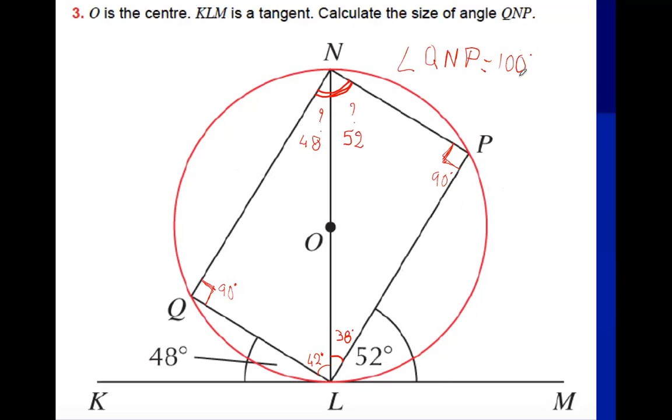We could have said as well that instead of using triangles, you can see that you've got a quadrilateral here, because I've got 90 and 90, and I've got 42, 38, so that would be 80. In order to get 180, you would need to add 100.